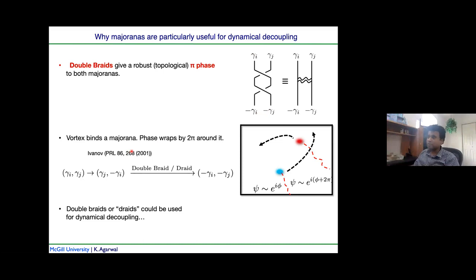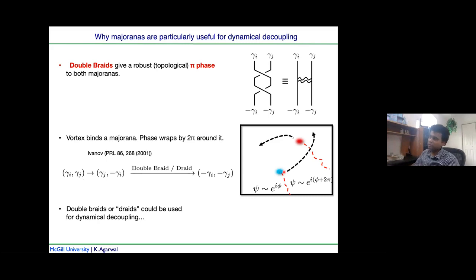Okay, so one way to see this is with the example that people have been talking about of p-wave superconductors in which vortices bind the Majorana fermion. The vortices are associated with the superconducting phase winding around them by 2 pi.